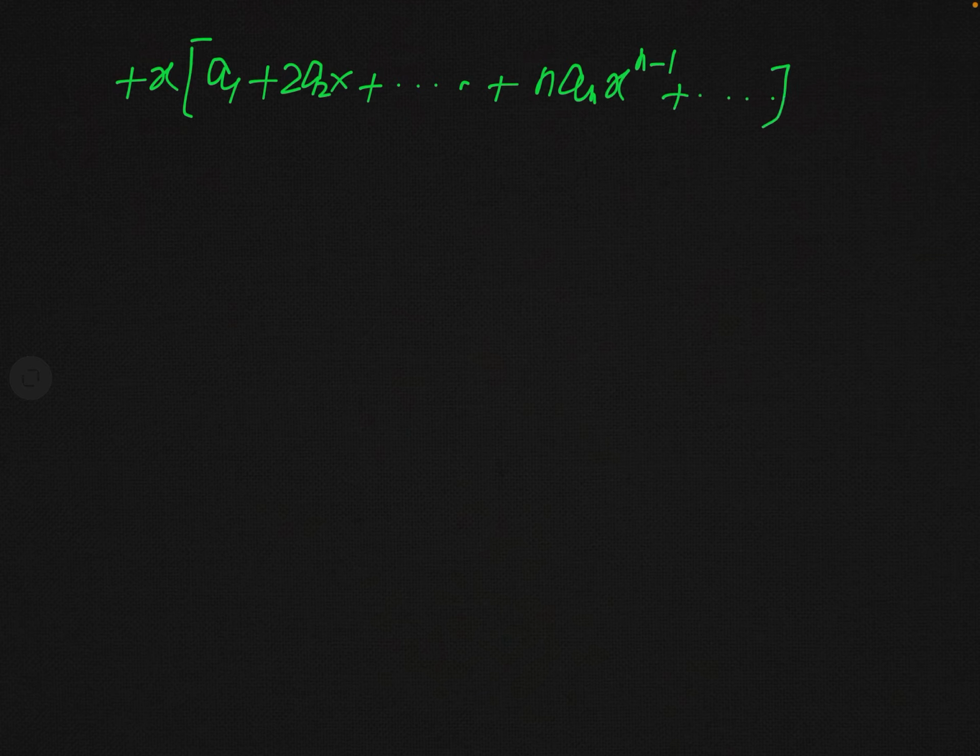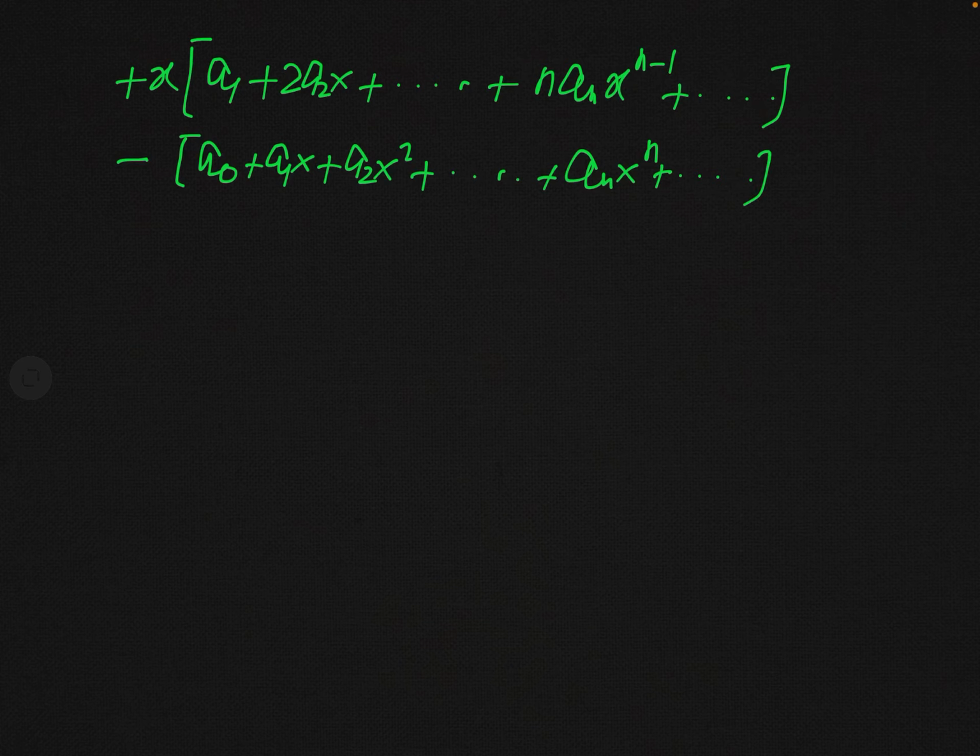And now finally we will expand the last term, and the last term's expansion will be simply a0 plus a1x plus a2x square plus so on plus an x to the power n plus so on.